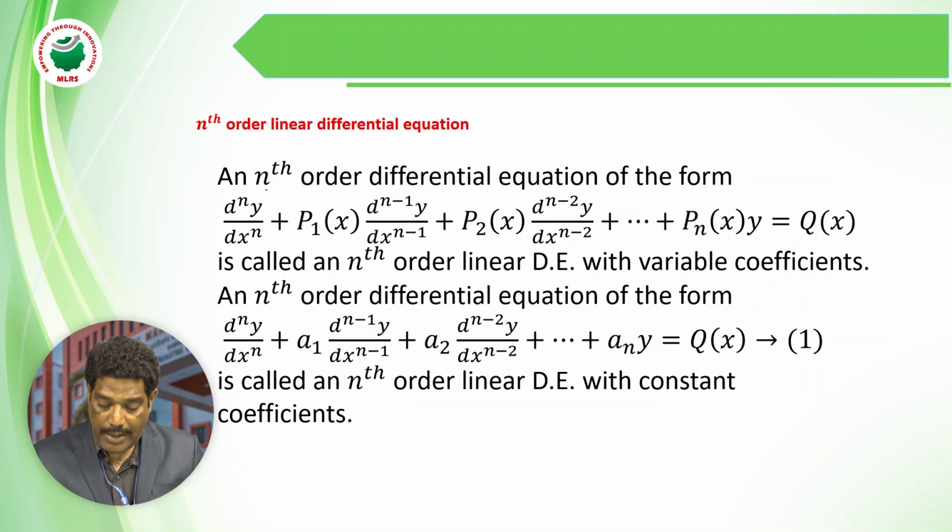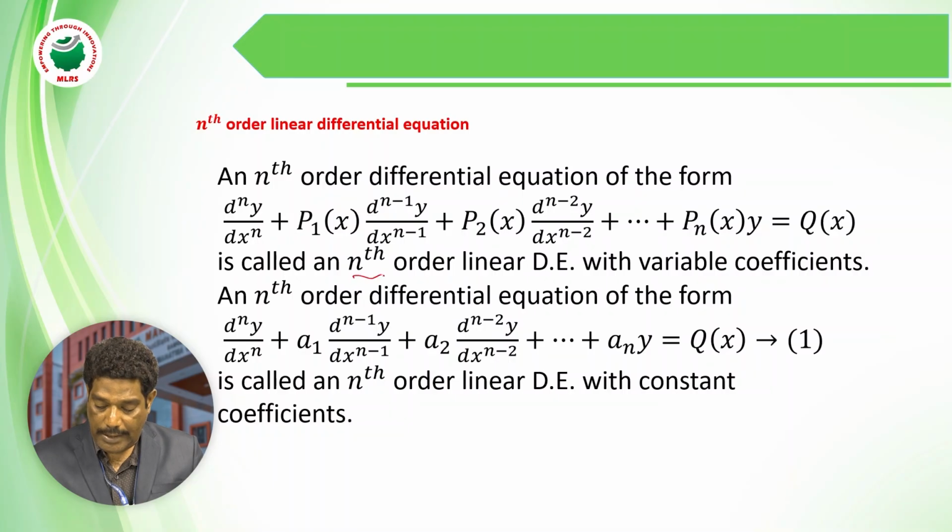An nth order differential equation of the form d^n y by dx^n plus p1 of x into d^(n-1) y by dx^(n-1) plus p2 of x into d^(n-2) y by dx^(n-2) plus so on, plus pn of x into y equals q of x.